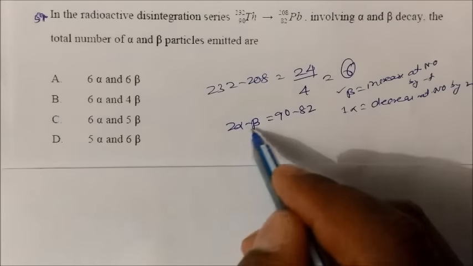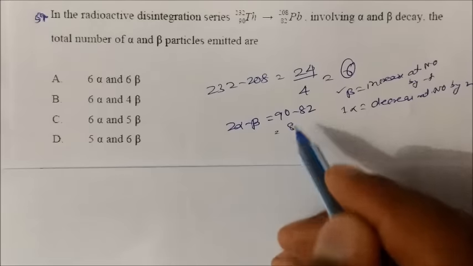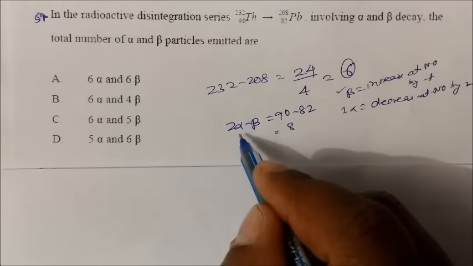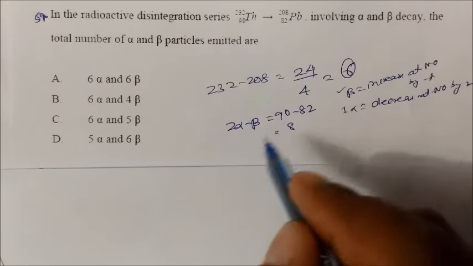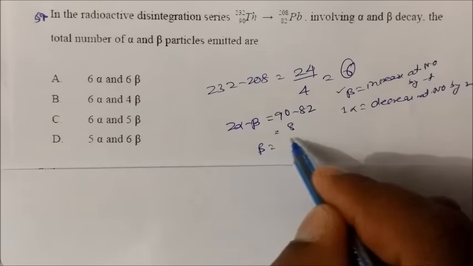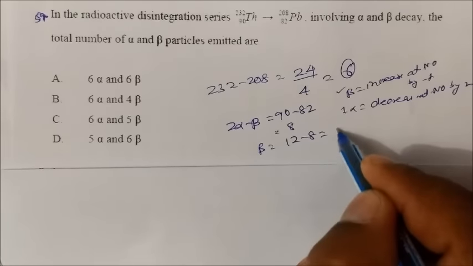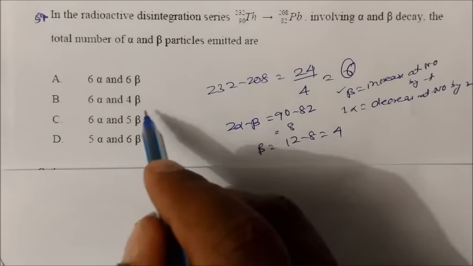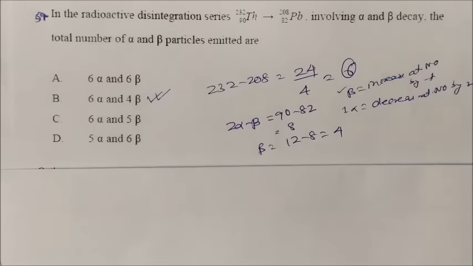So 2 alpha minus beta equals 8, and alpha we know is 6, so 2 alpha is 12. So beta will be 12 minus 8, equal to 4. So we are getting the answer. This is the correct answer.